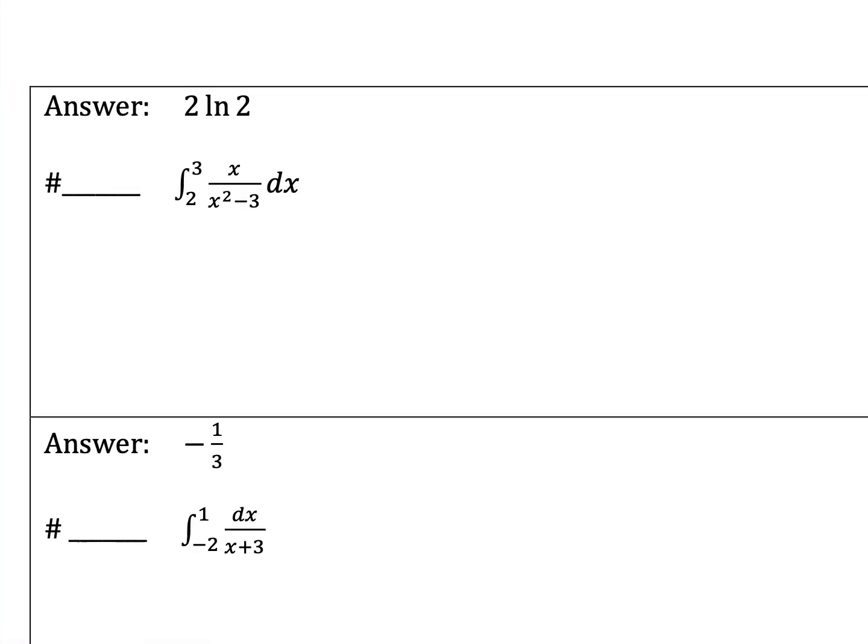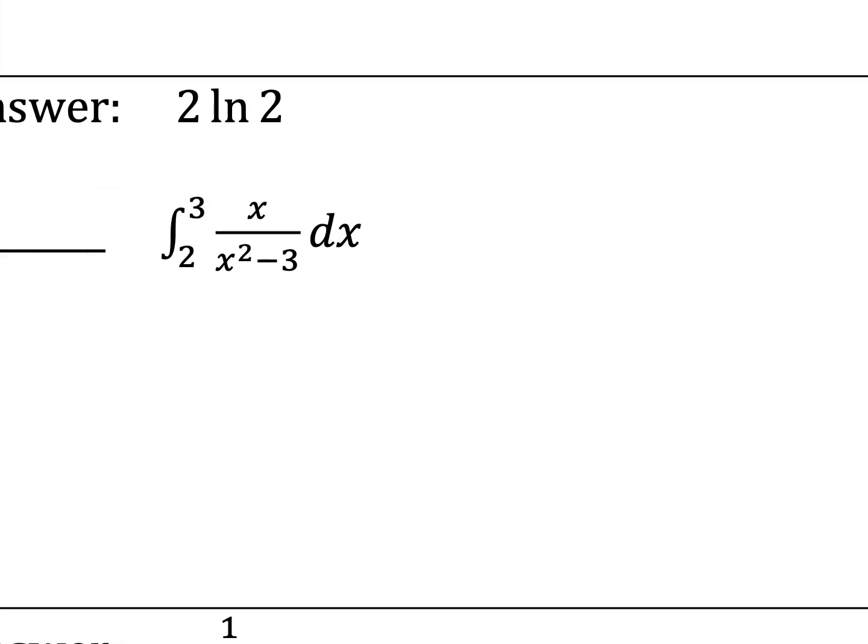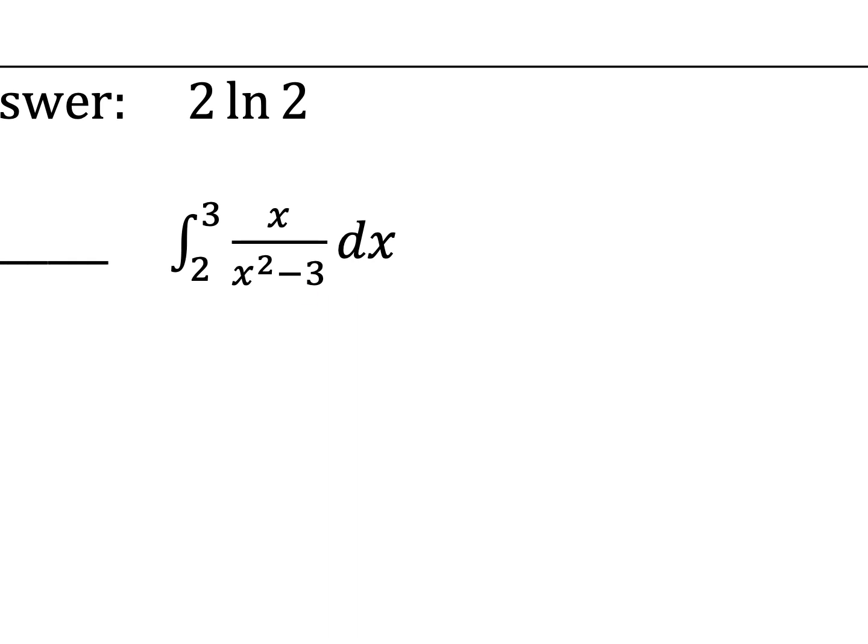Okay, next one. So nice, when you see a fraction, the first thing I do is look at the bottom. If I take the derivative, is that basically the top, but maybe different by a constant? Yes. So make u the bottom. And we know our answer is going to involve ln.